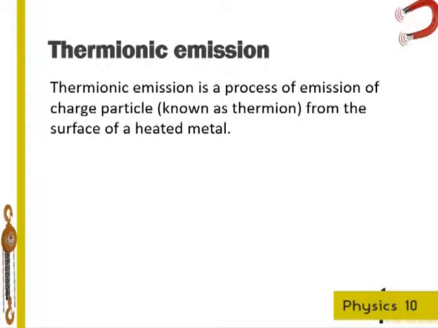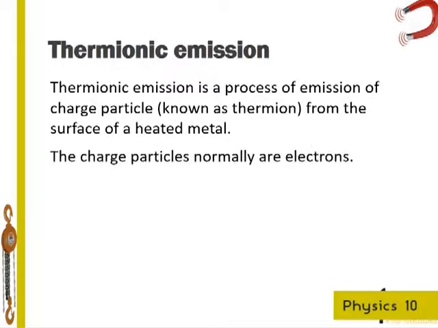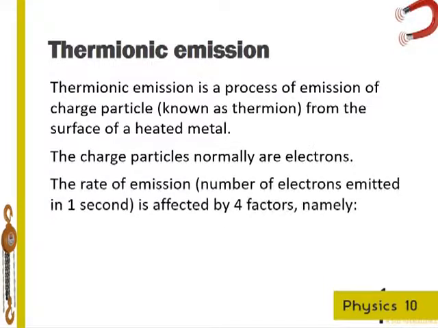Thermionic emission is in fact a process of emission of charged particles. And these charged particles are known as thermions, and they're emitted from the surface of a heated metal. Now, these charged particles are normally electrons. And in fact, the rate of emission, in other words, the number of electrons emitted in 1 second, is affected by a number of factors.